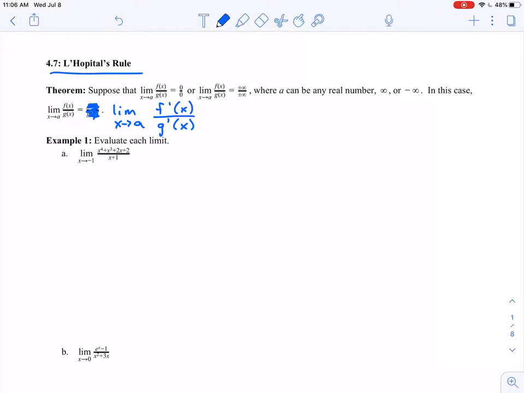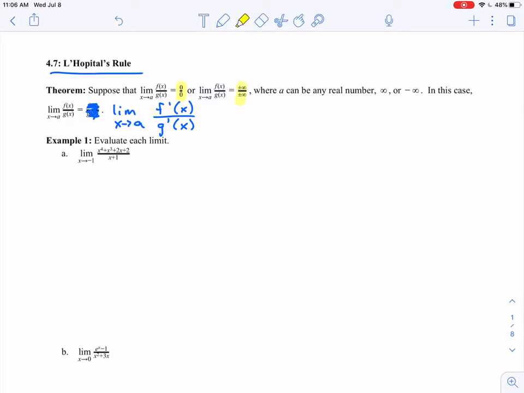So this is a really nifty tool. It says if you look at a limit and you end up with either 0 over 0 or infinity over infinity, what we can do is look at the limit of the derivative of the numerator and the derivative of the denominator. This is actually even simpler than using the quotient rule. Notice I'm just taking the derivative of the numerator and the derivative of the denominator.